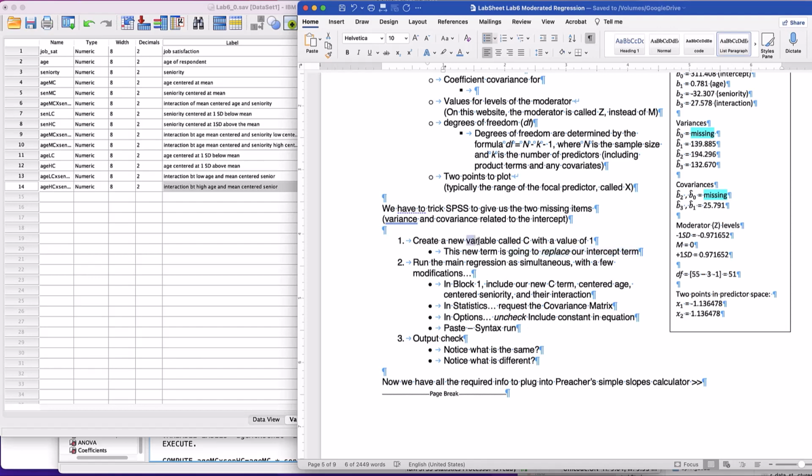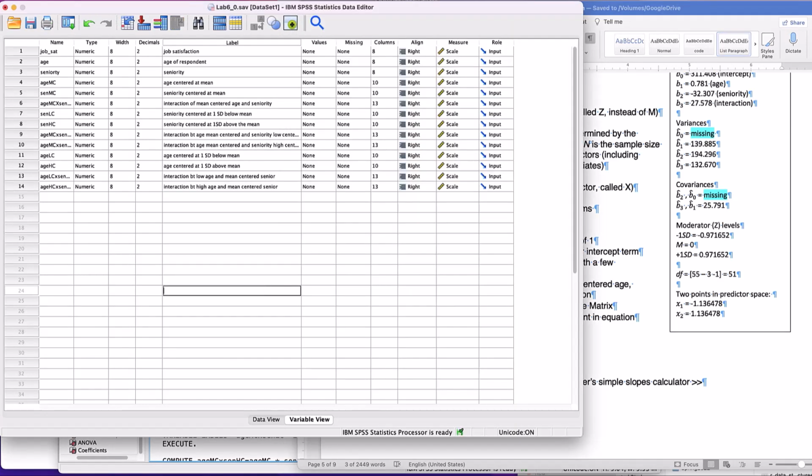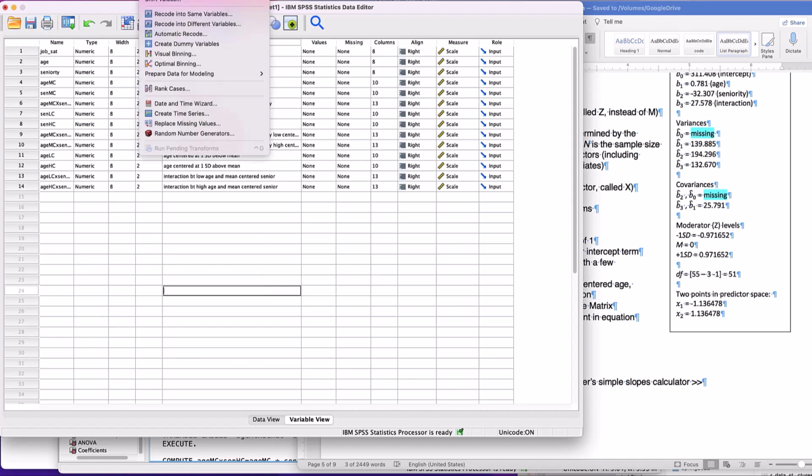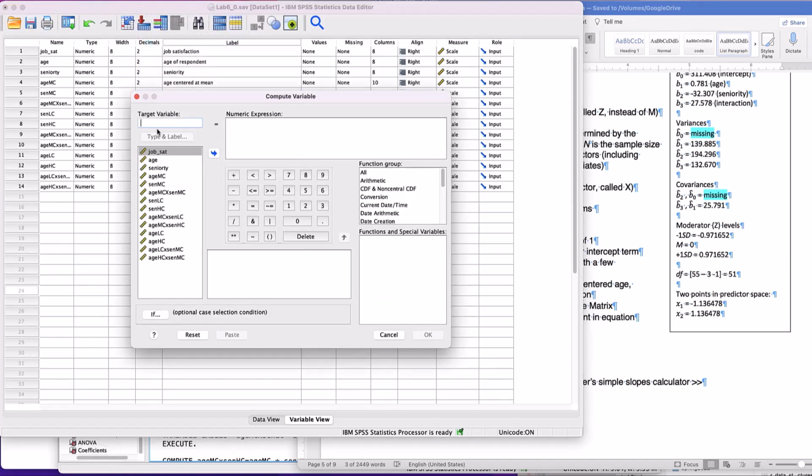So let's make the C term first. For that, you can do transform, compute variable, or you can use your syntax. But I'm just going to make a target variable called C. And it's going to equal 1. That's it.